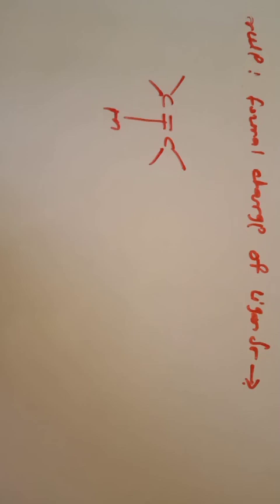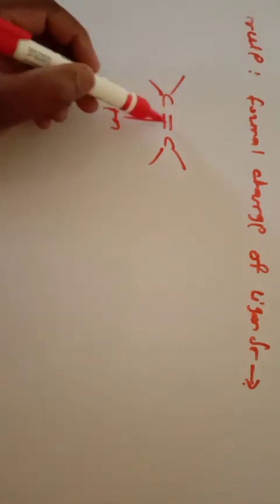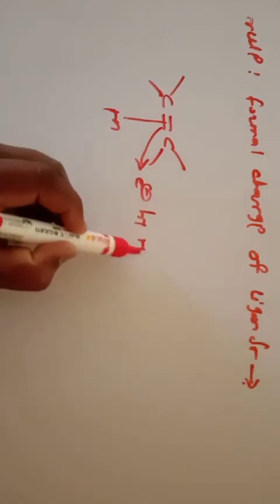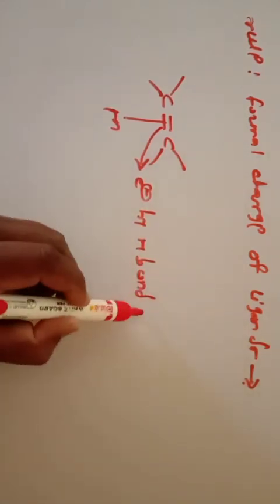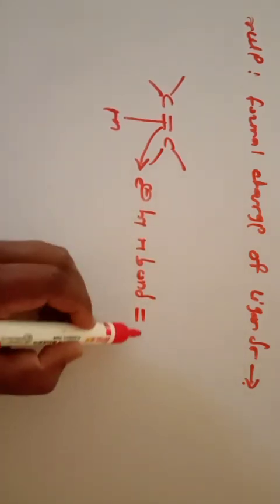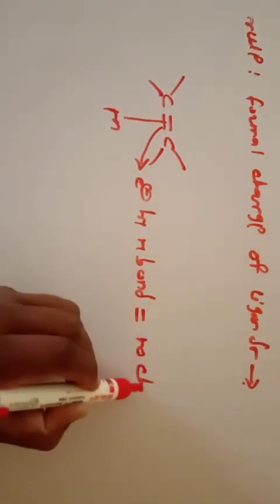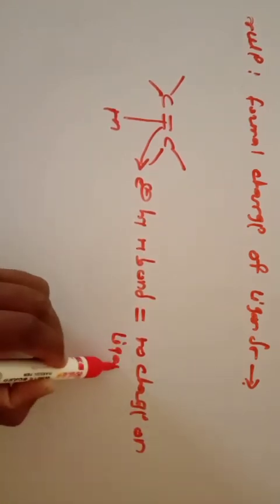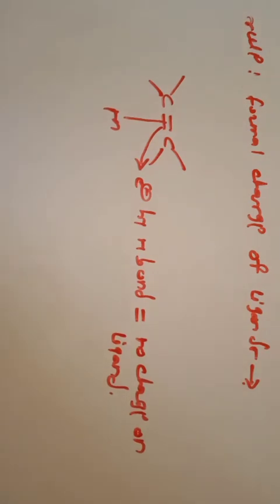This is donation of electrons by pi bonds, so by rule three there is no formal charge on the ligand. This ethylene is a neutral ligand.